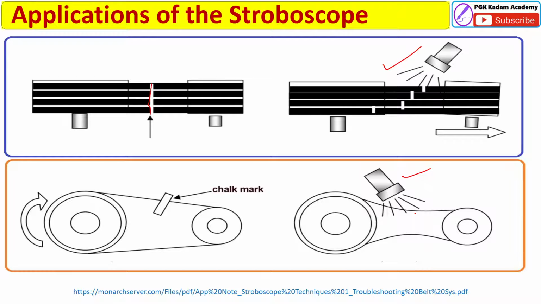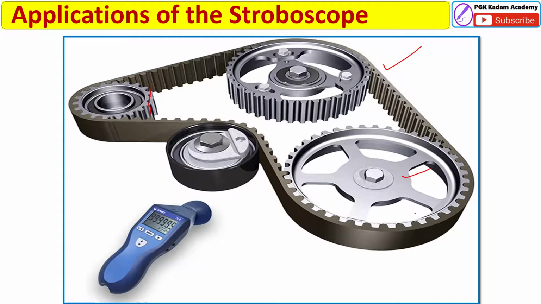If a pinhole shape is observed, then check alignment. The stroboscope will give the detection of that pinhole shape, and that shape will change. We can check the alignment directly. We can apply automation to this type of belt drive.